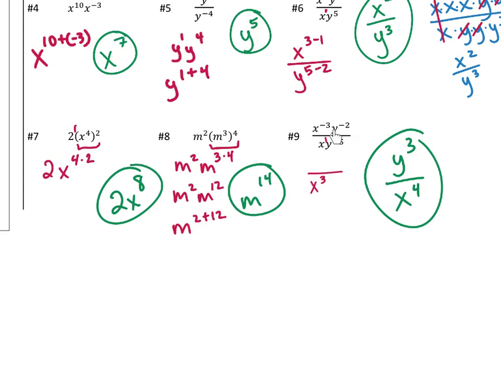Same with this y to the negative 2. It has a negative exponent in the top of the fraction, so if I bring it down, that will become positive 2 for the exponent. The order doesn't matter because it's all multiplication. I see that there's an x to the positive 1 that's already in the denominator, so I will leave that there because it has a positive exponent. It doesn't need to move or go anywhere.